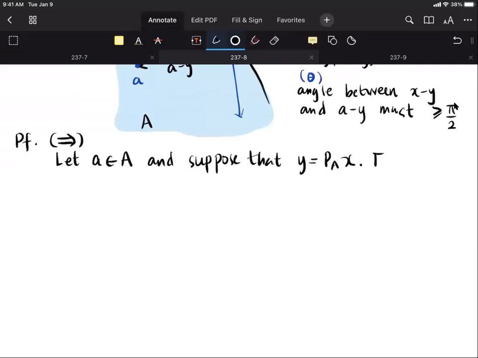Now, for each lambda in the open interval 0 to 1, consider lambda a plus 1 minus lambda y. Take note that the projection maps a point in the Hilbert space to the subset A. So y is in A, a is in A, therefore this one is in A.